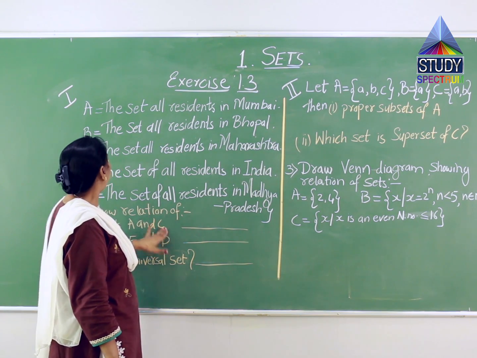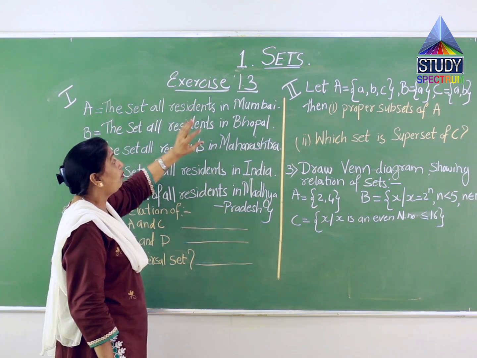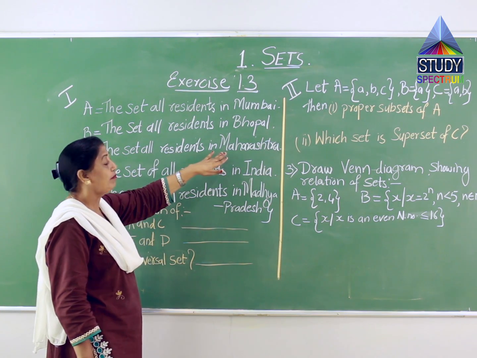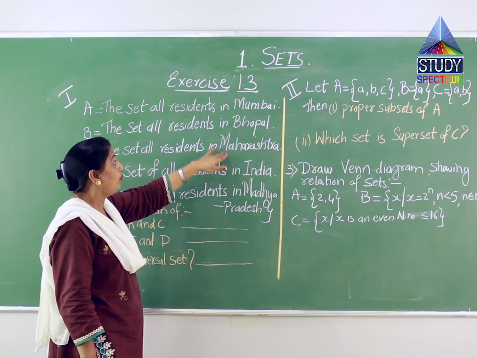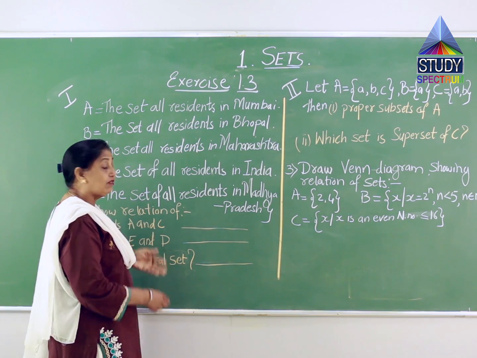Now let's see what the A set consists of. The set A has the set of all residents in Mumbai, and C the set of residents in Maharashtra. As I know, Mumbai is in Maharashtra. So set C is what?